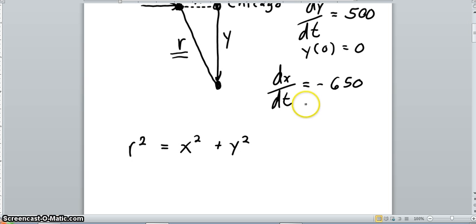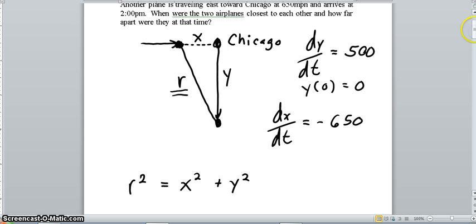And for the second plane, well, the second plane arrives in Chicago at 2 p.m., so at noon, if it's traveling 650 miles per hour, it must have been 1,300 miles away from Chicago. X is the distance away from Chicago. If it took 2 hours to get there, going 650 miles per hour, it must have been at a distance of 1,300.